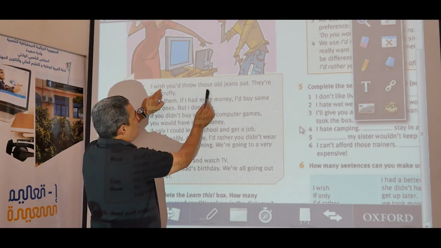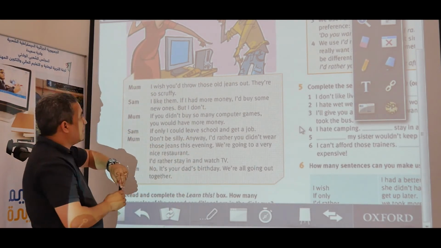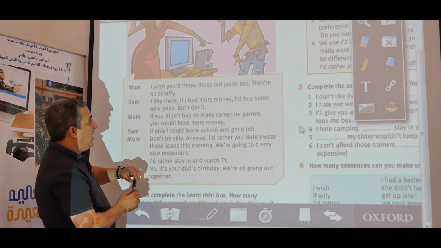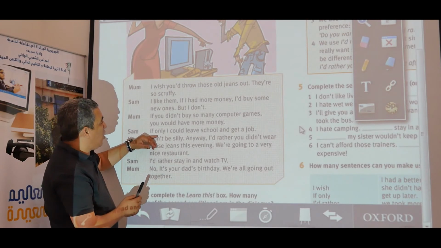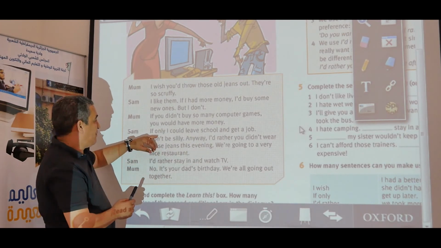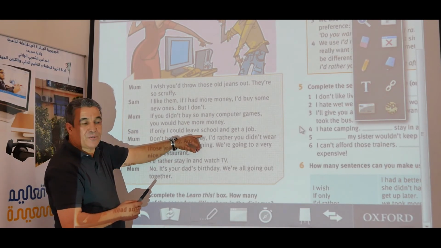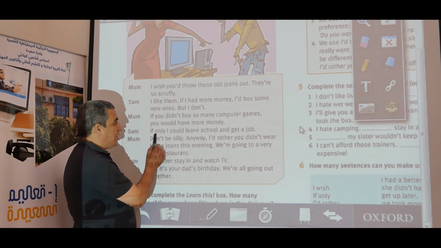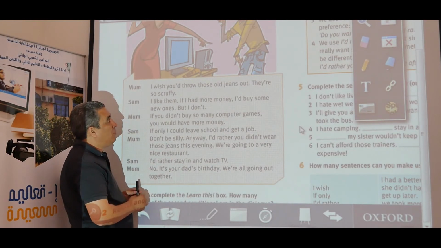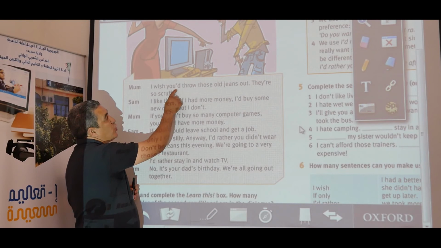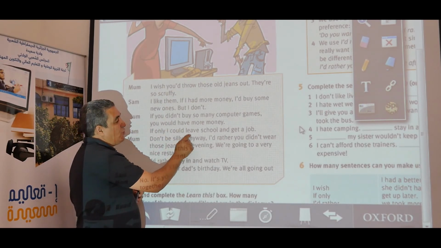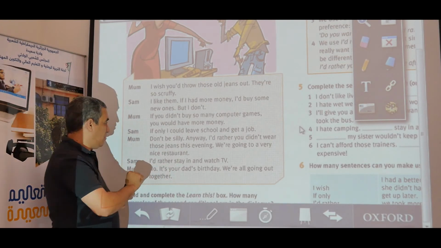Then, if only I could leave school. So we've got if only and a past simple verb. Here we've got I wish you would throw, and here we've got if only I could leave. Past simple.